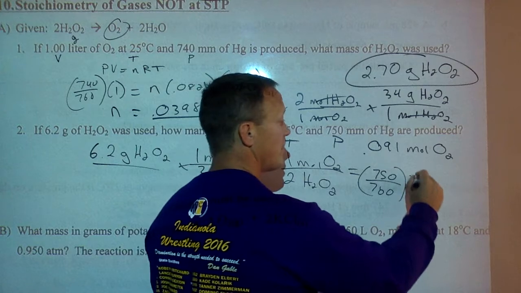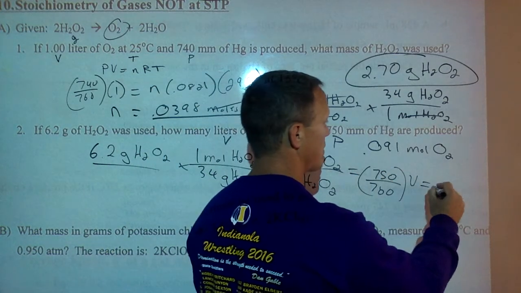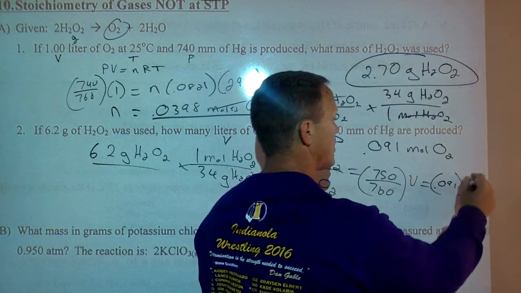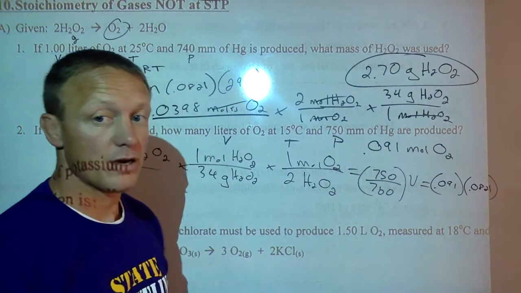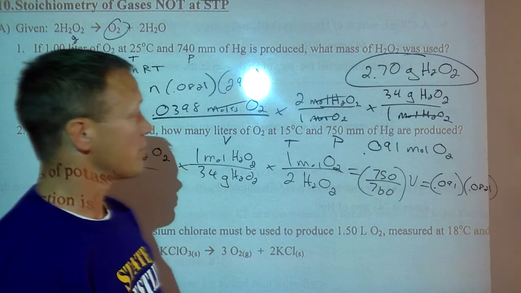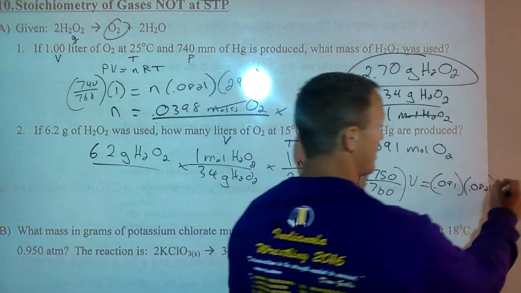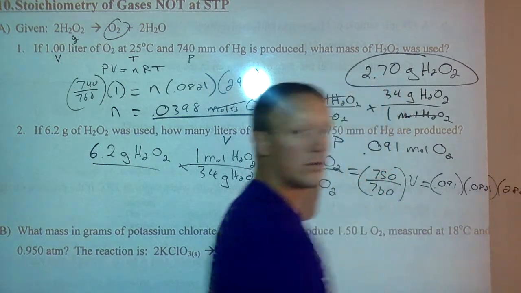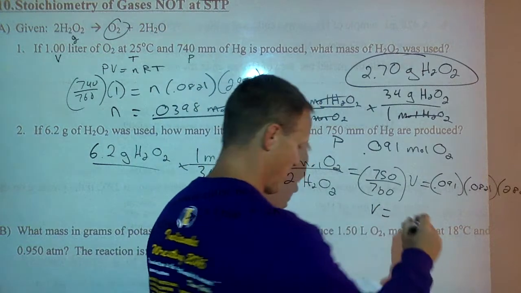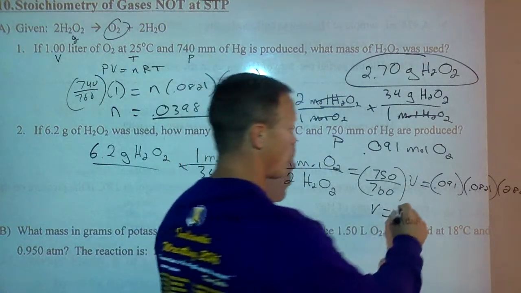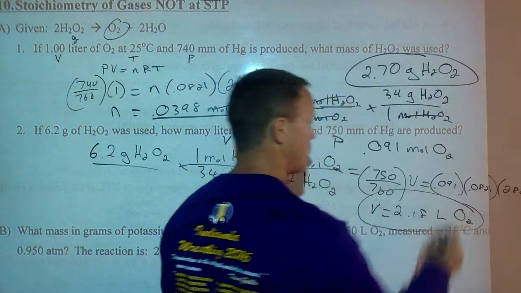Trying to solve for V. Put in our moles, 0.091, 0.0821. Might be going off the screen here, I apologize. And then our temperature would be 273 plus that would be 288. Just plugging in, solving for the volume. I got a volume there of 2.18 liters of oxygen.